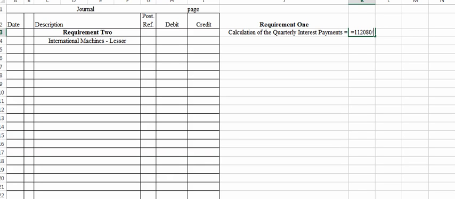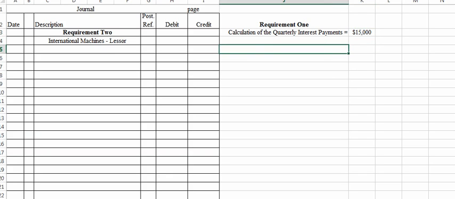That's 7.47199. We divide the fair value of the asset by 7.47199, and that brings us to our quarterly payment amount. And that's how that would have been calculated.